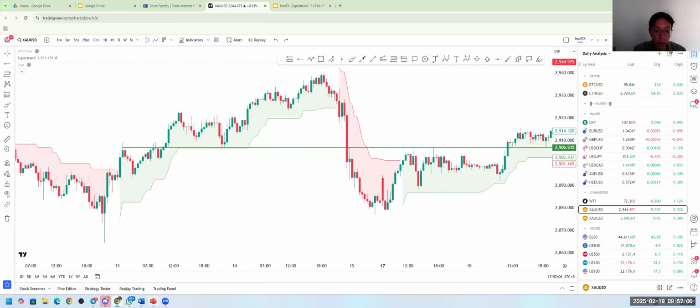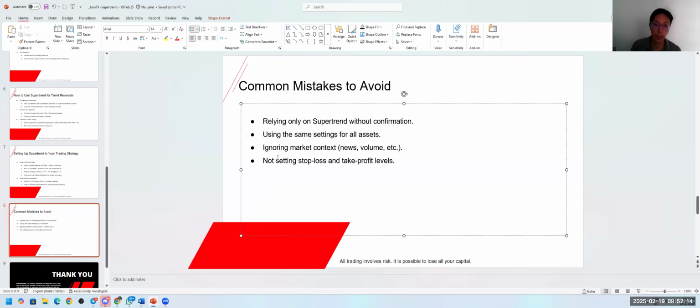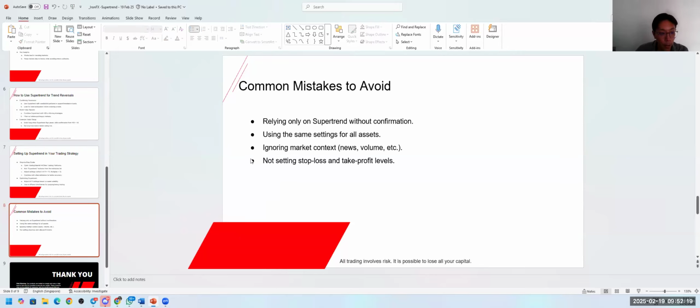Let me see what else. Then the last thing is not setting stop loss and take profit levels. That is the number one rule that you should have in your trading setup. You must always have stop loss and take profit levels.